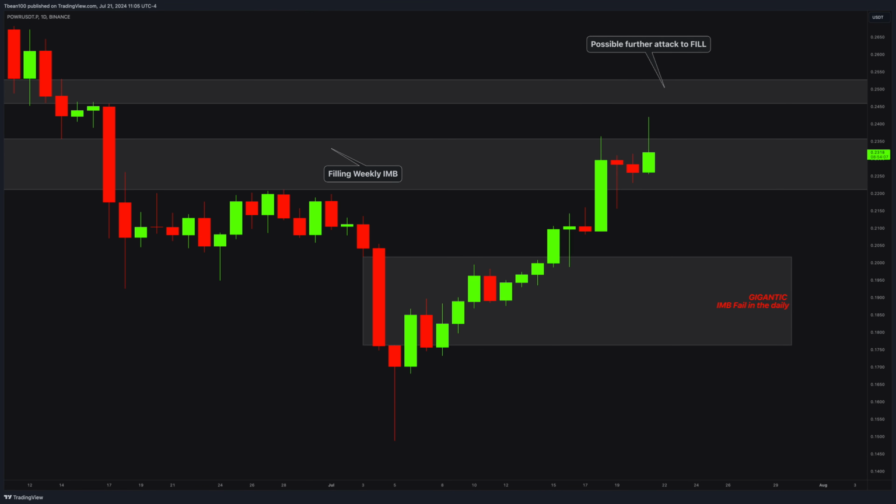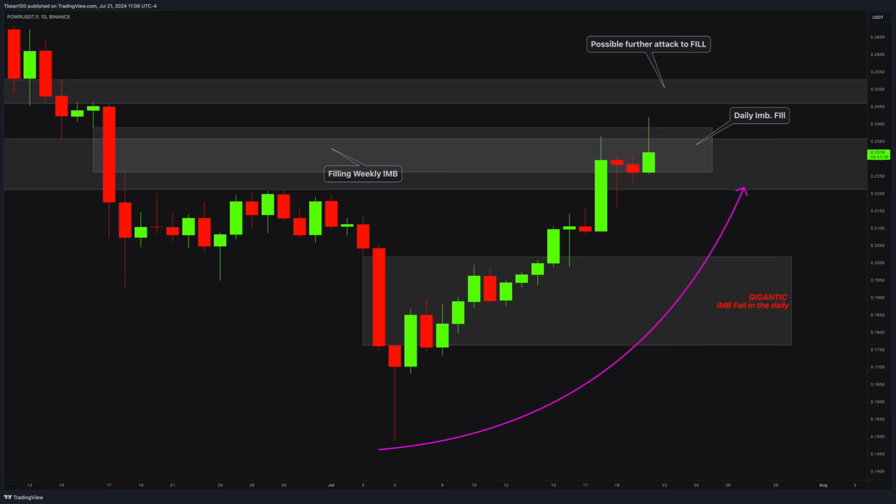In the daily time frame, price switches with this gigantic daily imbalance fail, and we are riding upwards. Price was trying to fill this daily imbalance, which was inside the weekly imbalance. With our tree layout system in the Momentum Masterclass, seeing all this is just a piece of cake.